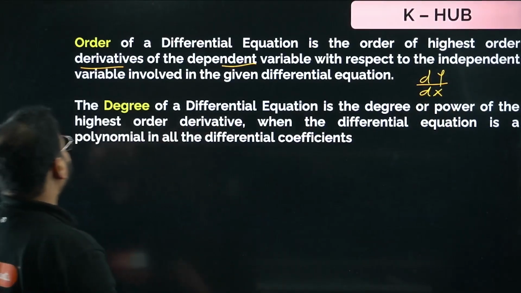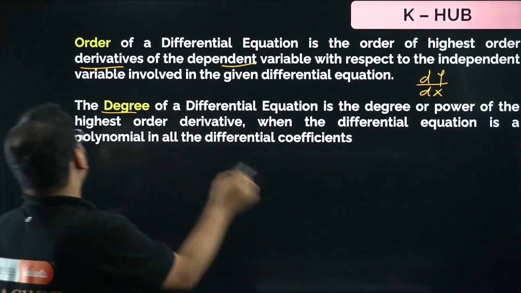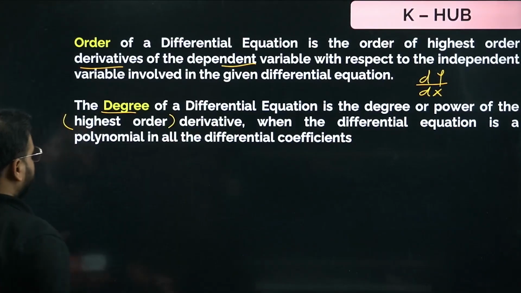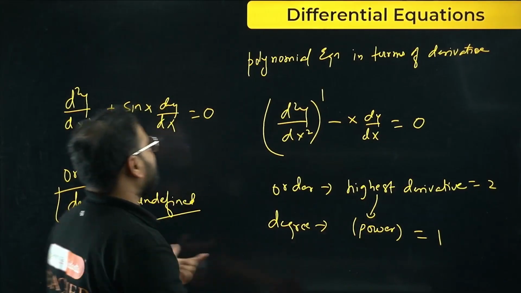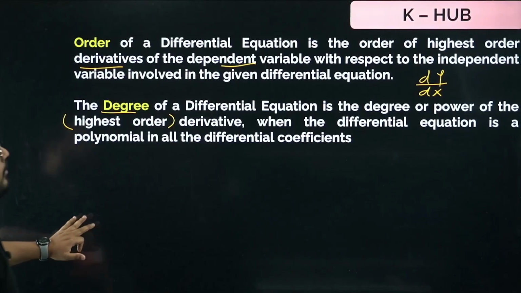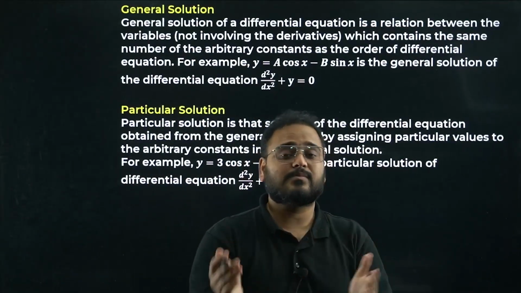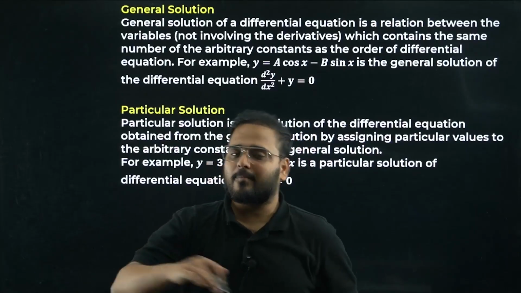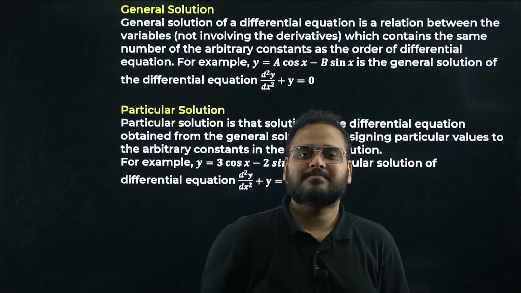Degree of the differential equation is the power of the highest order derivative. Highest order's power is called degree. In this case we had 1. Clear, right? I've just given you this information so you don't miss it, because at times they'll give you a very complex equation and simply ask you degree or order. Simplify that and get the result.